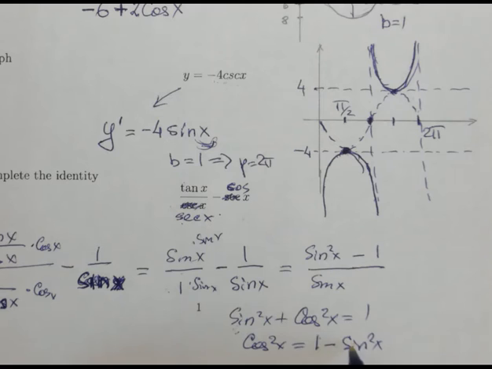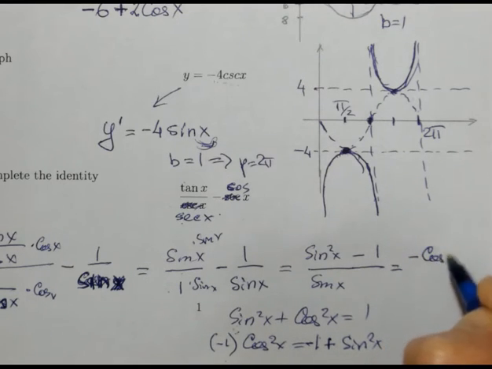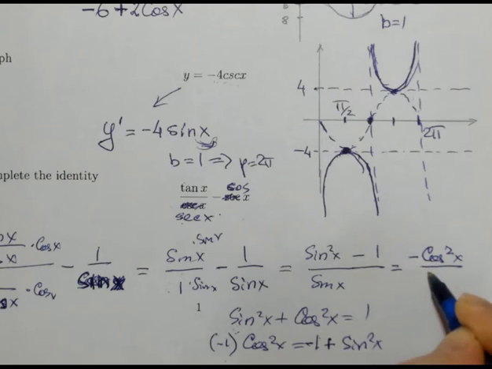You see, it's almost the same expression that you have in this fraction in the numerator, only multiplied by negative 1. So if you multiply this equation by negative 1, you will get negative 1 plus sine squared. You see, sine squared minus 1 is equal to negative cosine squared. So you have negative cosine squared x divided by sine x.